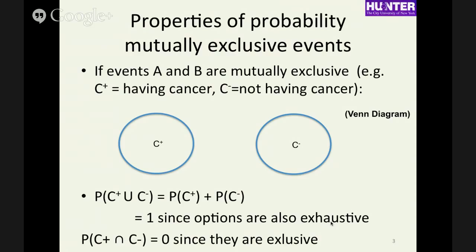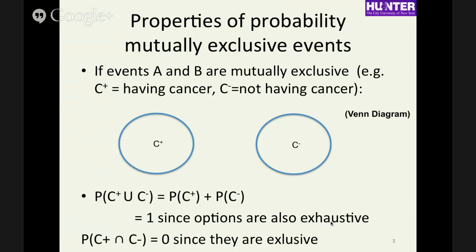So if there were a third mutually exclusive, like indeterminate, that's possible, then the sum of all mutually exclusive and exhaustive events is 1. So the sum of the probabilities of all possible outcomes is 1. That's one of your basic laws of probability.